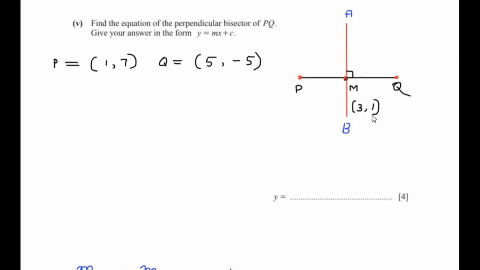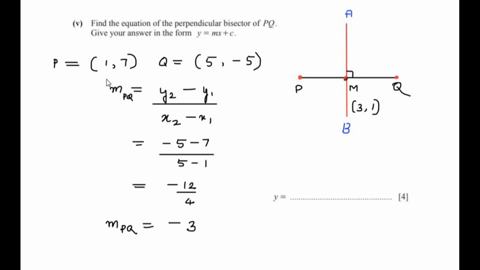Now we have to find out the equation of this line AB in the form y equal to mx plus c. Here we know the coordinates of the point P and point Q. So let us make use of the formula for finding the slope of the line PQ. The formula for the slope is (y2 minus y1) over (x2 minus x1). Remember, you can also write it as (y1 minus y2) over (x1 minus x2). Both formulas are correct.